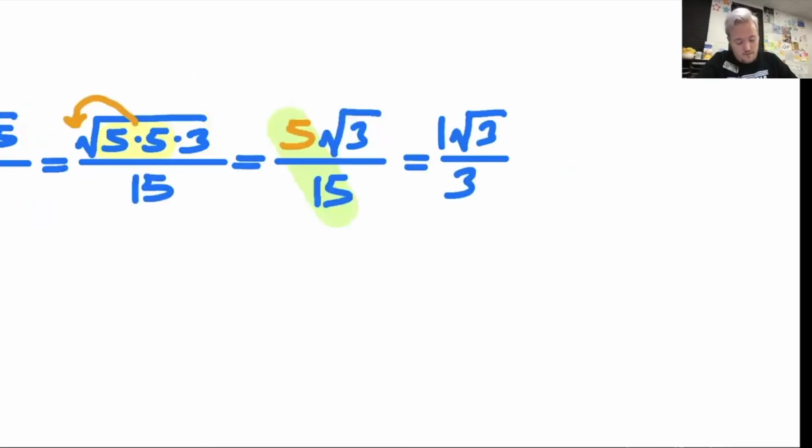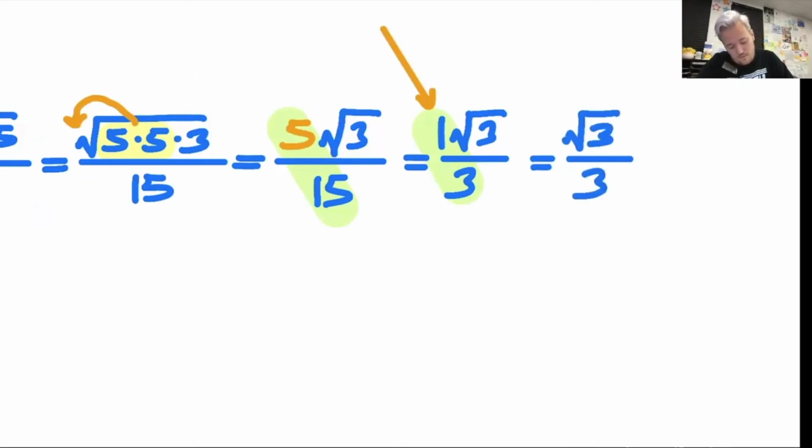In the top, we don't have to write that 1, so that 1 can just disappear. Our final answer here is just the square root of 3 over 3.